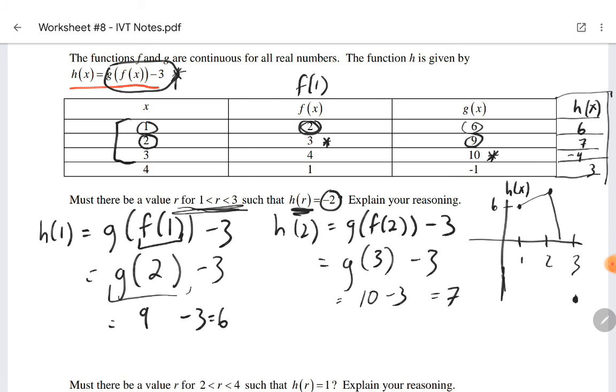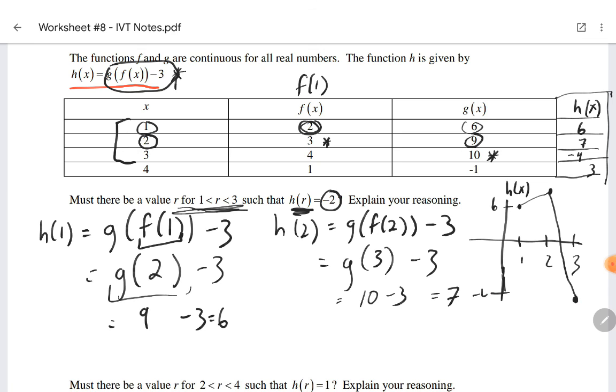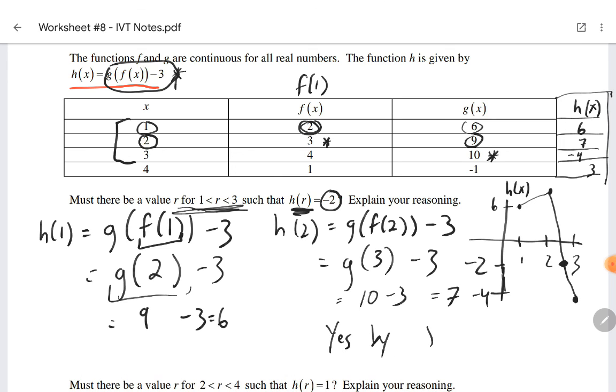So if that's the graph of h, it's asking, must there be a value where h of x is -2? Well, if this is -4 and -2 falls somewhere here, it's going to be somewhere over there. So we say yes by IVT.